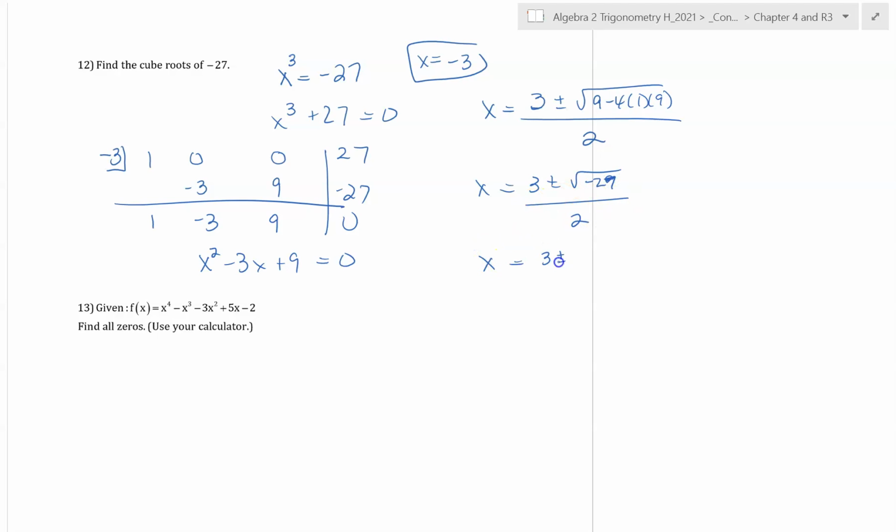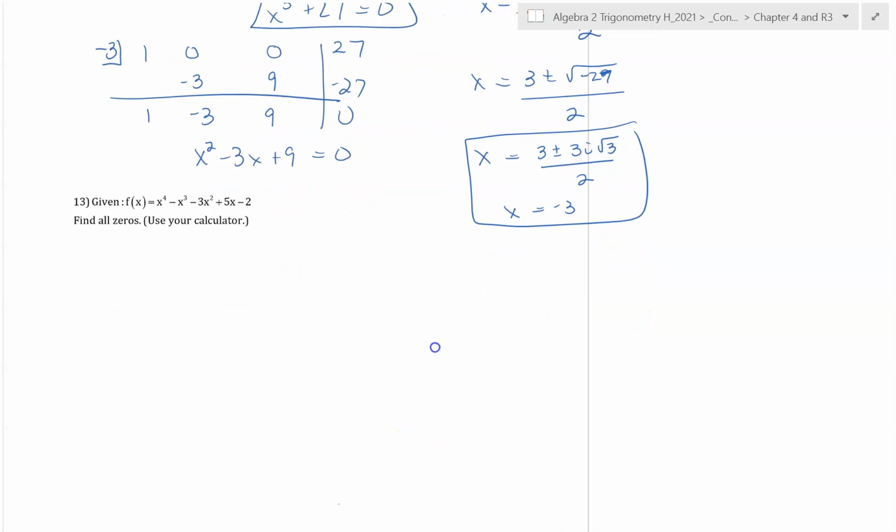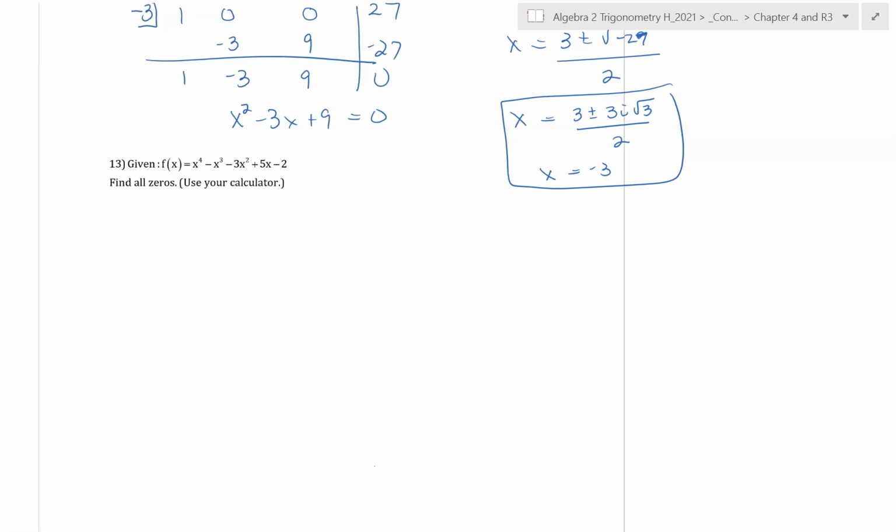So 3 plus or minus the square root of 27, that's 9 times 3. So here are our zeros of this equation, which would be the 3 cube roots of negative 27. Again, it's x cubed, so there are 3. Okay, for this next example, and our very last one, we're going to use our calculator.